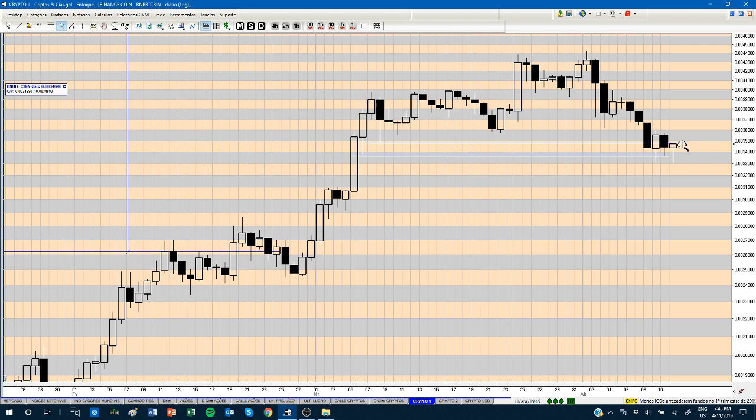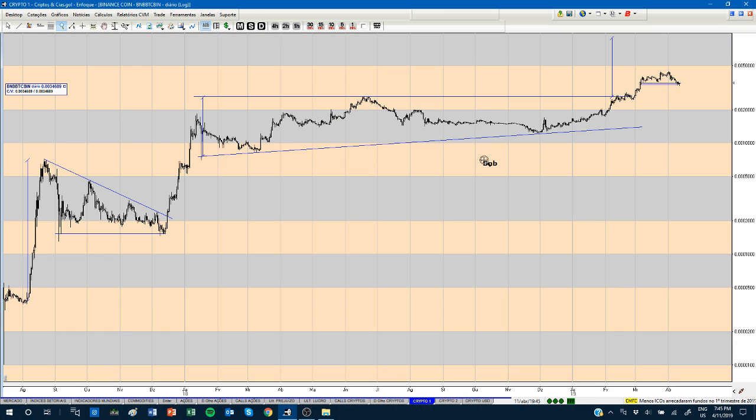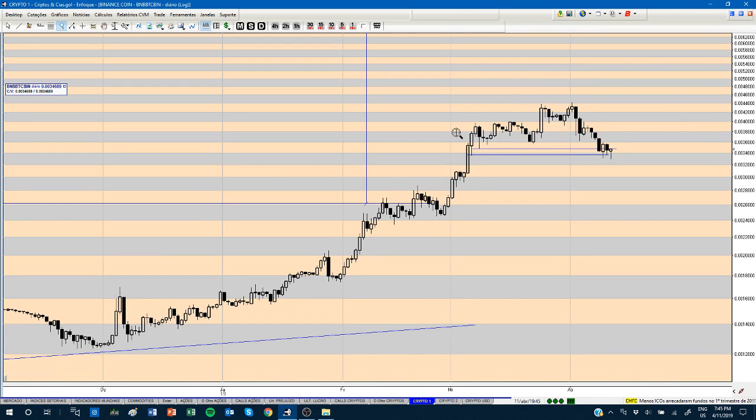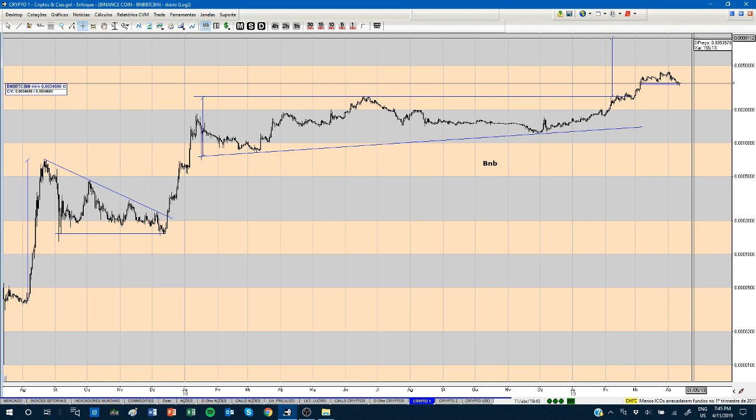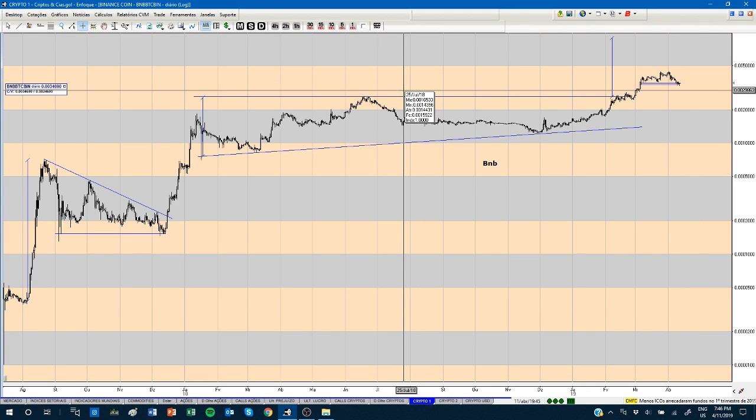But I would consider if it goes above 0.0035 again, I would consider placing my stop below today's low. And I think we are eventually going to be calling this an upward rectangle. I have this projection in mind, which still gives us a possible 150% upward movement. So that's why I'm holding on in Binance.